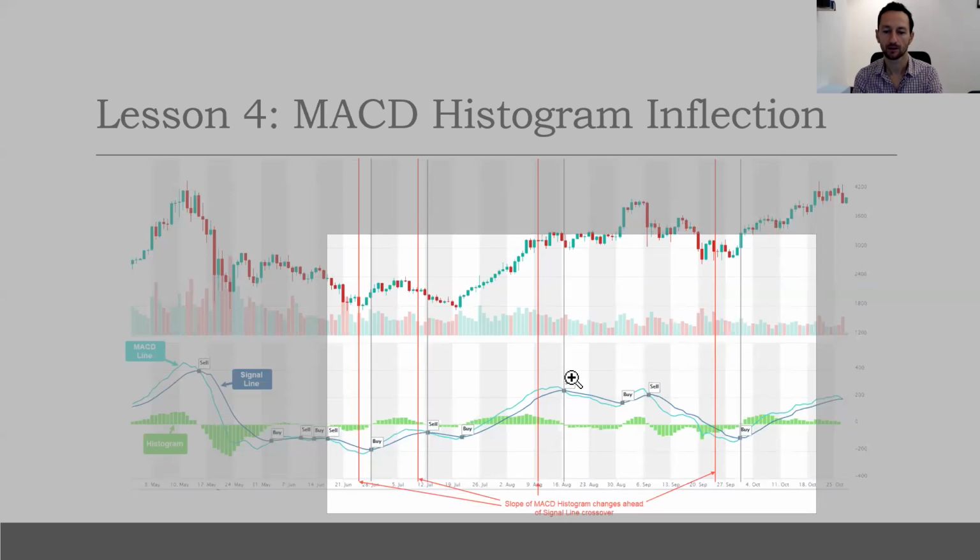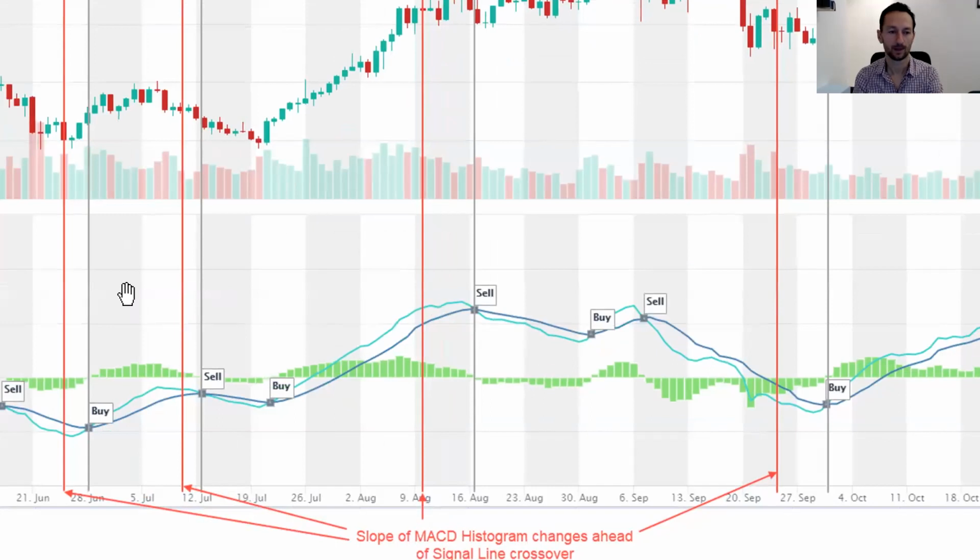Okay, so again, we have your buy and sell and buy signals. That's the basic signal line crossovers that we've discussed that we are going to trade.